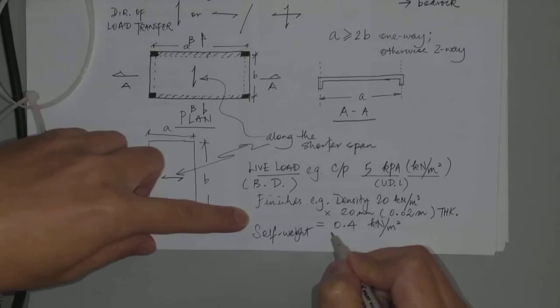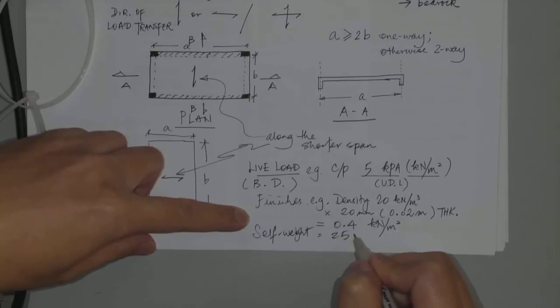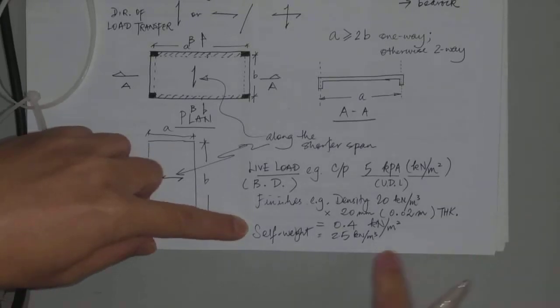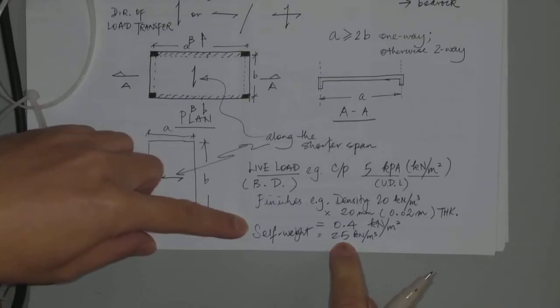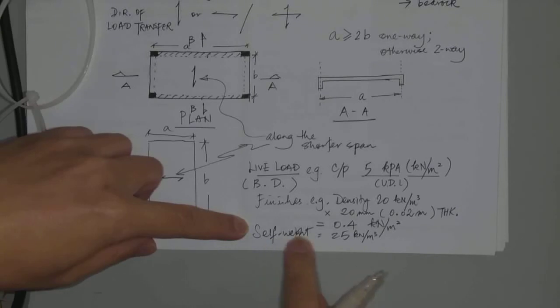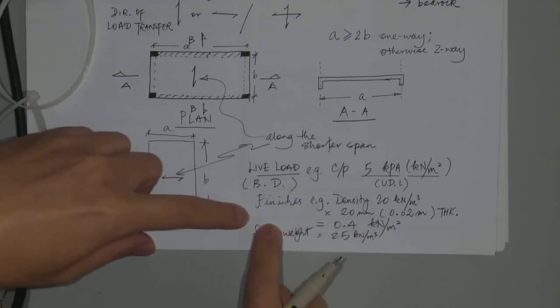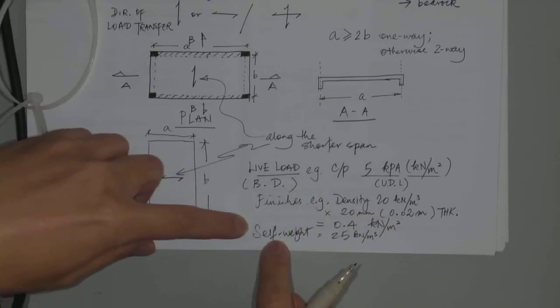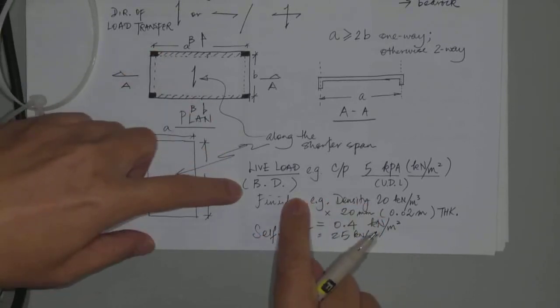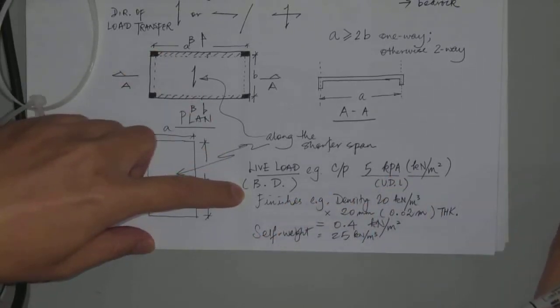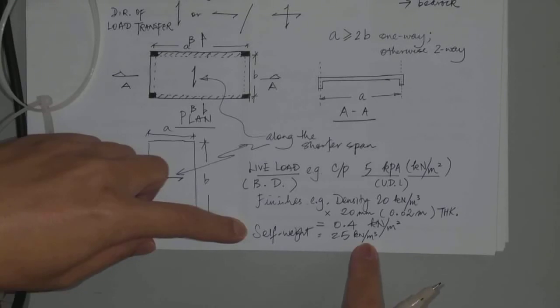That's the density of concrete. And then like live load and finishes, you always express your loading on a slab in the unit of kPa. So that is kilonewton per meter cube.